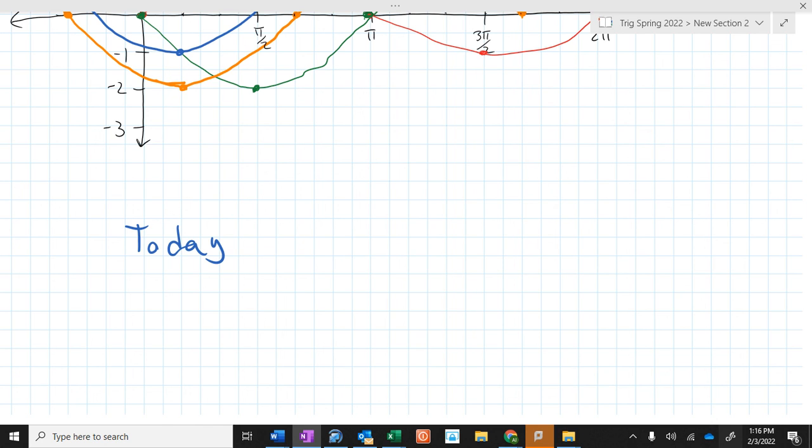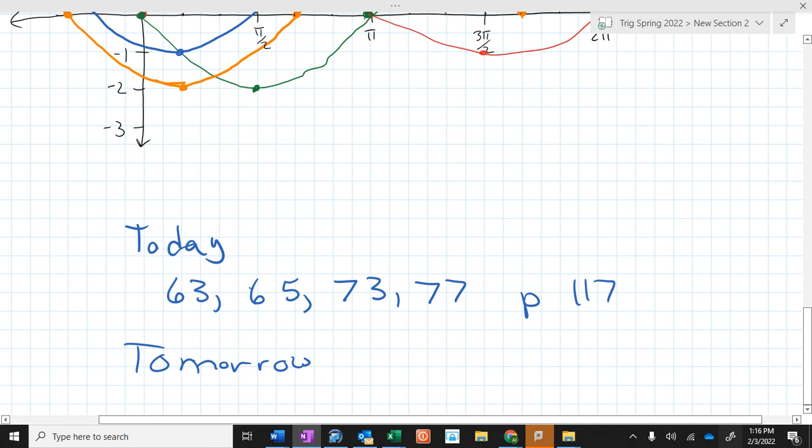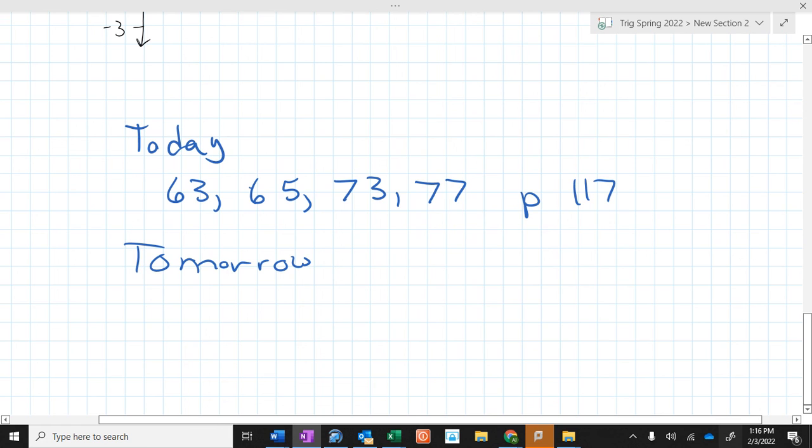Just graph. Okay? So today, I want you to do 63, 65, 73, and 77. Just 4 of them. Tomorrow, we'll look at those on page 117.